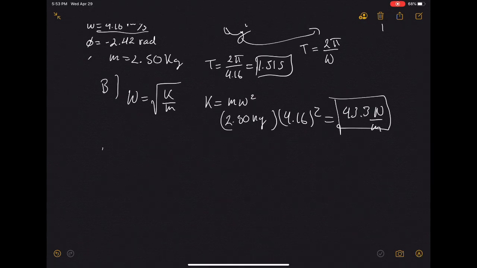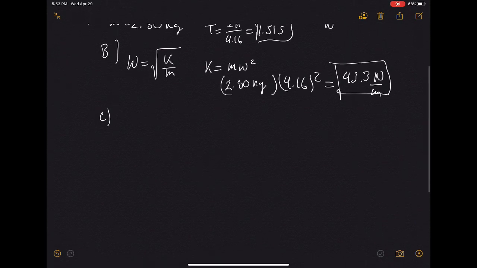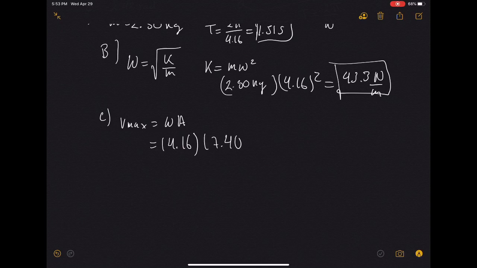For part C, it's asking to find the maximum speed of the mass, so we have to use this oscillation formula, which is v max equals ω times A. So we know that ω is 4.16 times the amplitude, which is 7.40, and that's 30.8 centimeters per second.